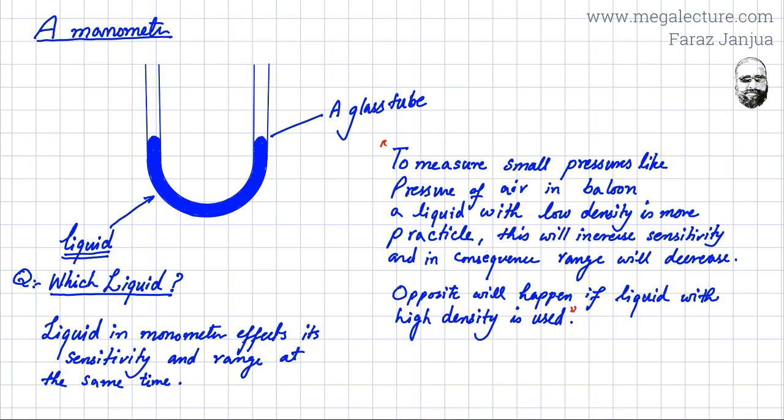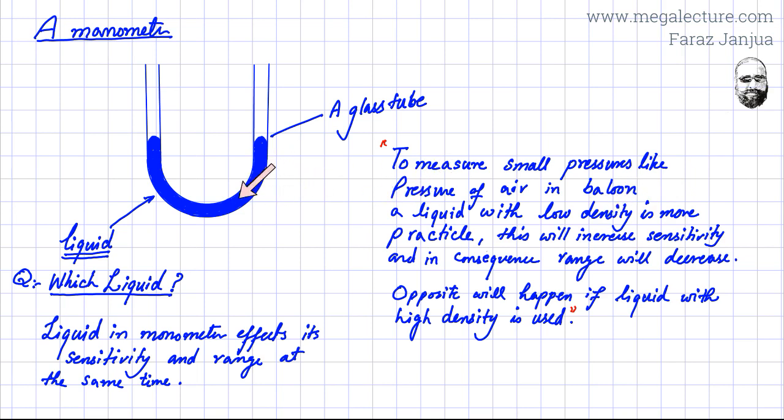There is a note: to measure small pressure like the pressure of air in a balloon, a liquid with low density is more practical. This will increase sensitivity, so you can measure very small pressure differences or pressures, and the consequence is that the range will decrease. So if you're using a low density liquid like water or paraffin or alcohol, what will happen?